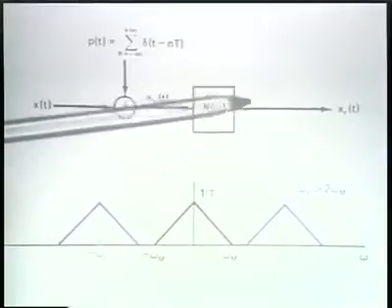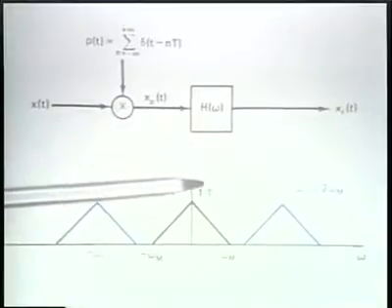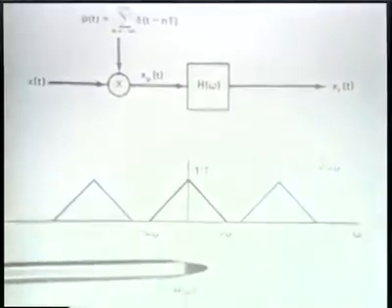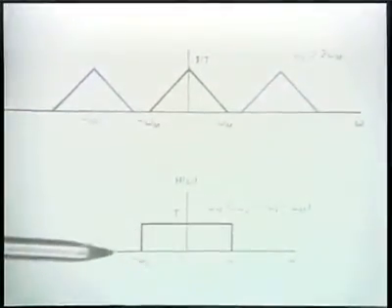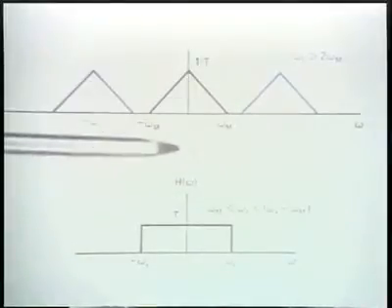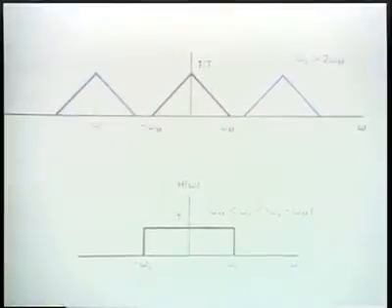If this frequency response is an ideal low-pass filter as I indicate on the diagram below, then multiplying the spectrum of the sampled signal by this extracts just the portion of the spectrum centered around the origin.